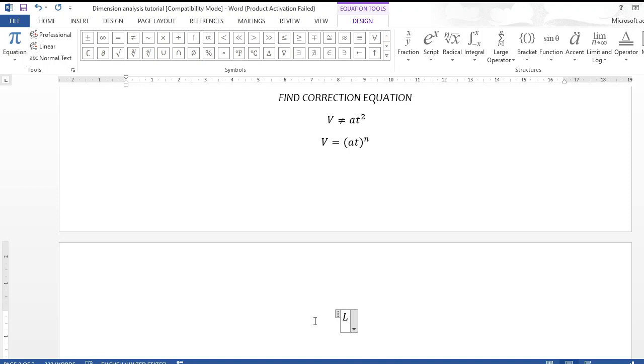It's L t to the power negative 1, and this is equal to the dimensions of the right hand side. Let me put the square brackets. It's equal to the dimensions of the right hand side, which is acceleration, and acceleration is given as L t to the power negative 2.